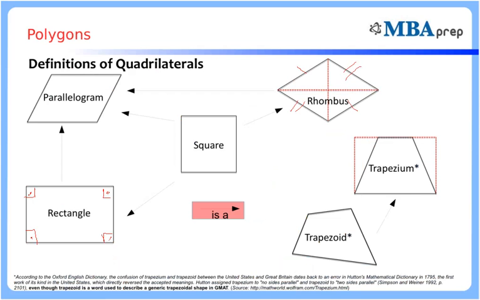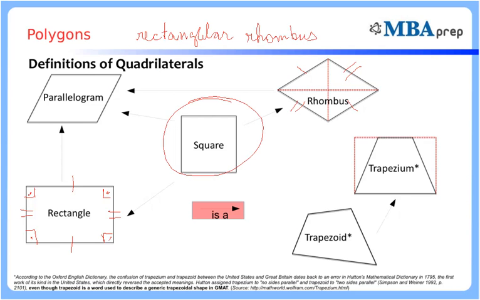The rectangle also happens to be a parallelogram. If this side is parallel to this one, this side is parallel to this one. So the square is a rhombus, a parallelogram, and a rectangle. So if you read the expression, a rectangular rhombus, you should expect to be dealing with a square.